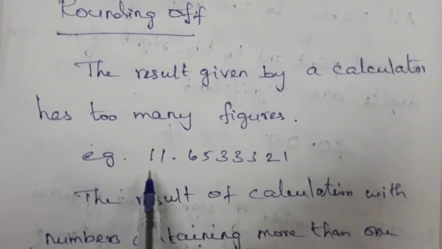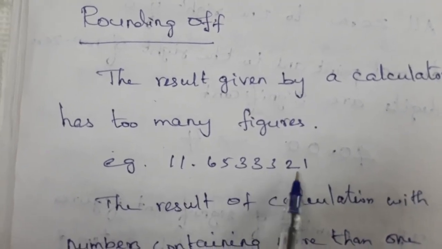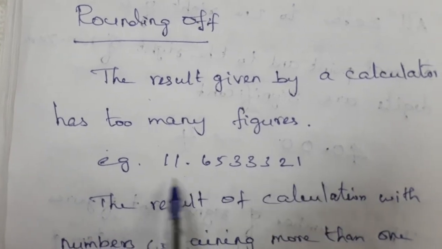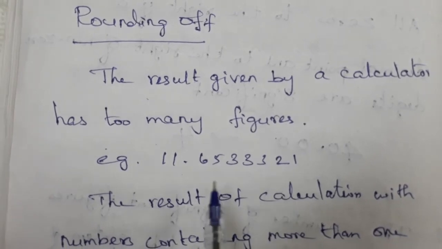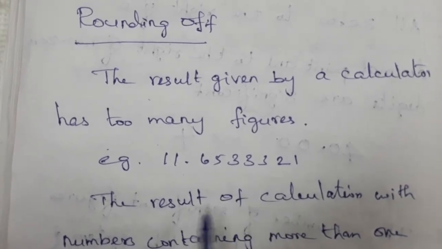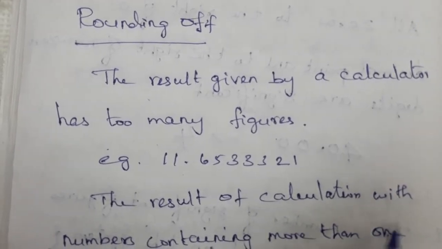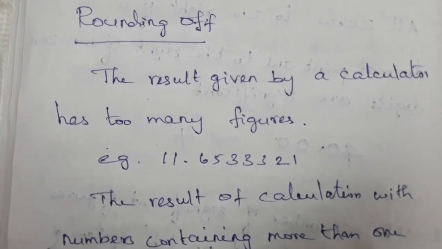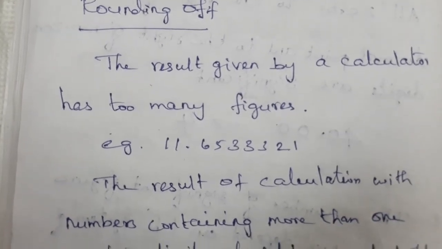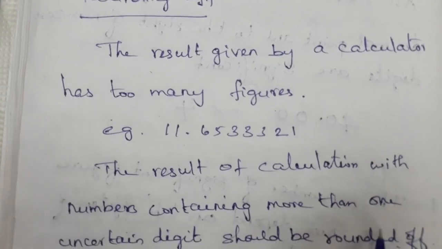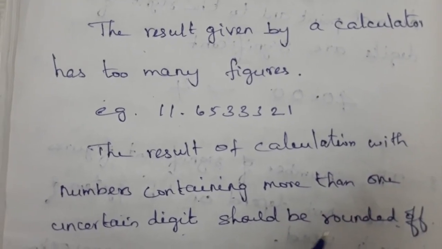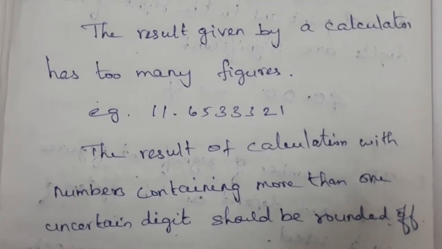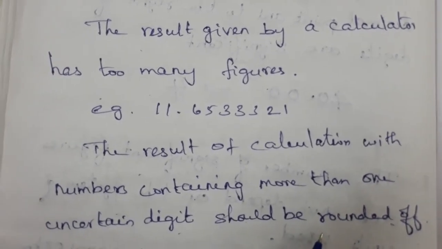For example, 11.65333321 etc. All the digits displayed from the calculator we are not using. We have to round off. The result of a calculation with numbers containing more than one uncertain digit should be rounded off. After the decimal point we will use either 2 or 3, mostly 2 digits. So the uncertain digits should be rounded off.